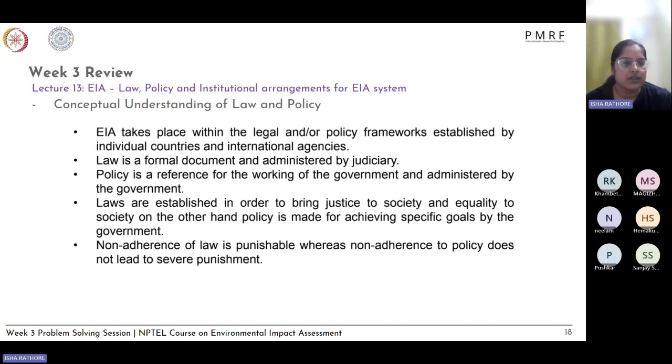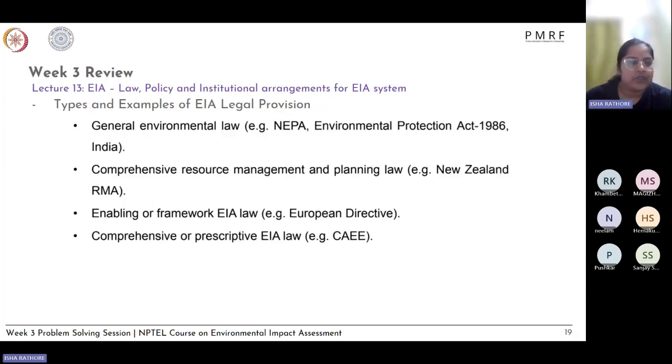But not following laws is punishable, whereas policies are sort of recommendations, voluntary documents, which do not lead to severe punishments. So EIA takes place within this legal and/or policy framework in different countries and international agencies, which help in the EIA system being effective in all of these countries.